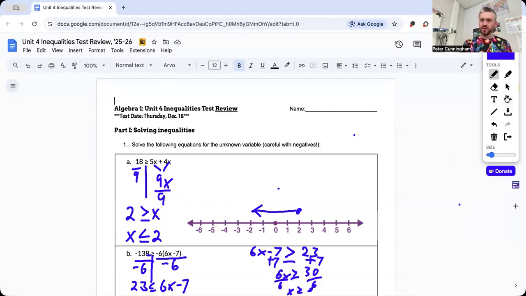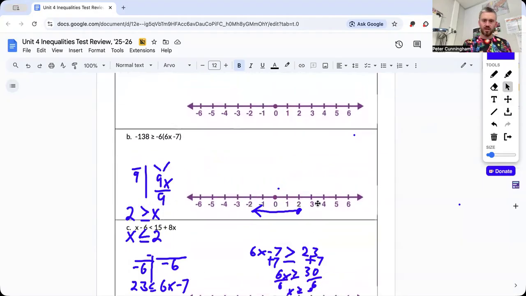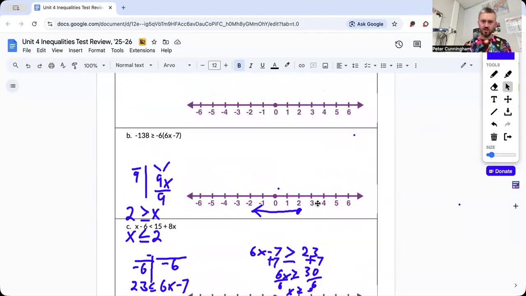All right, let's see how the scrolling feature works. I think I can scroll now. Oh, yeah. All right, so it's not a perfect thing, but okay, what I have there, x is greater than or equal to 5. Go to 5. Again, a bit of an experimental tool technology here. Go to 5, make the dot, point to the right.